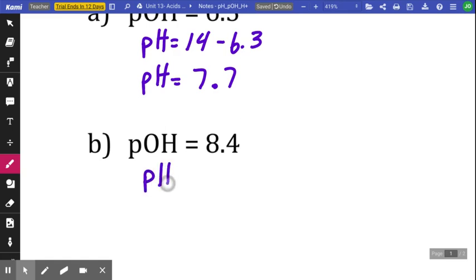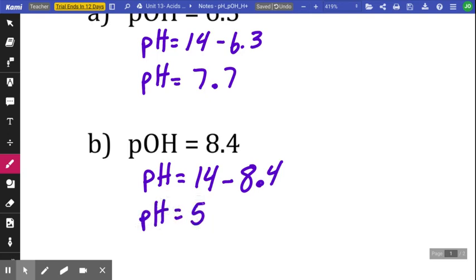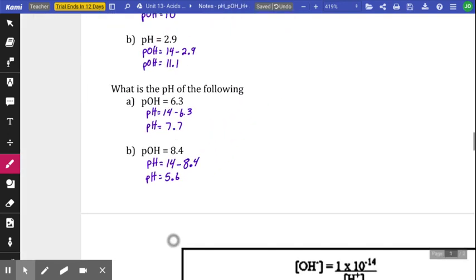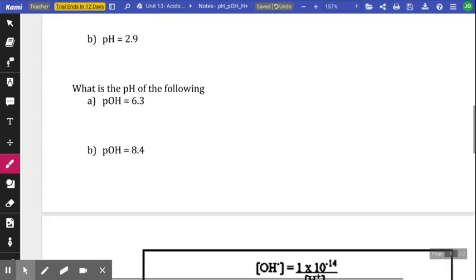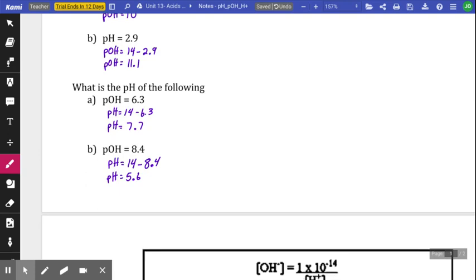So if I'm solving for pH, 14 minus 8.4, my pH is going to give me 5.6. So those would be the easiest types that you can find if you're just doing a direct conversion of pH to pOH or in the other direction.